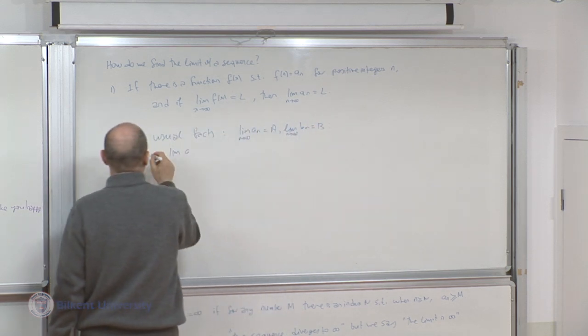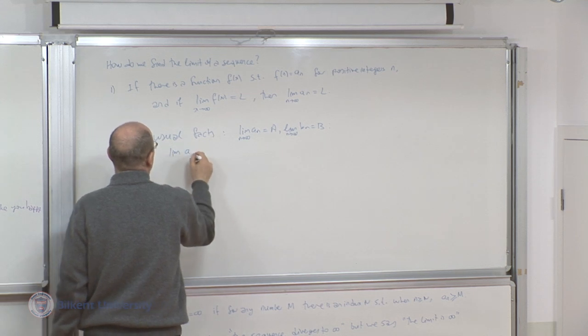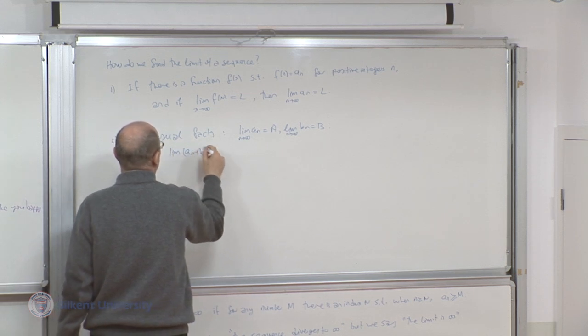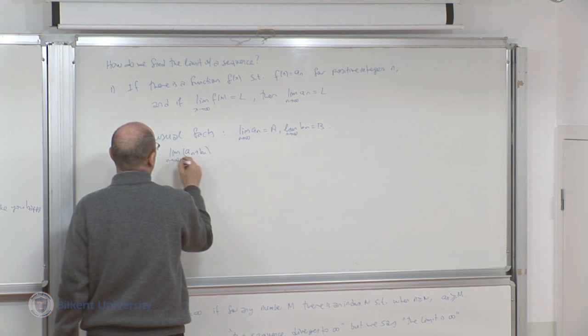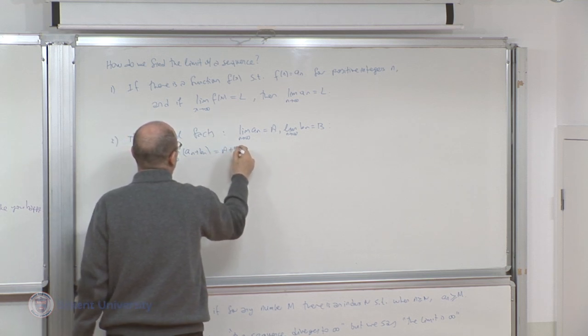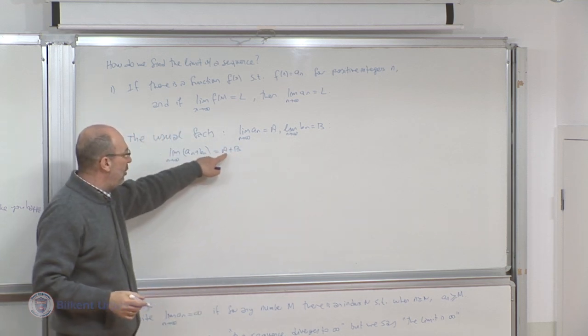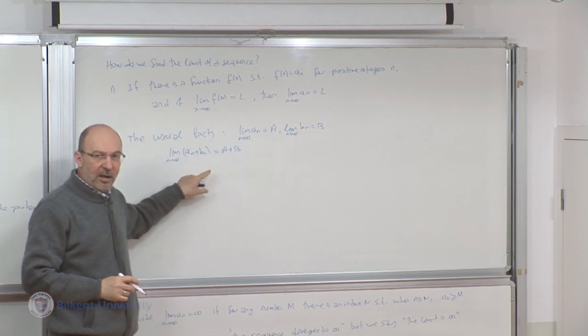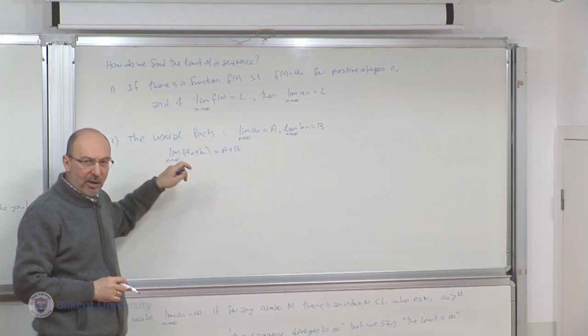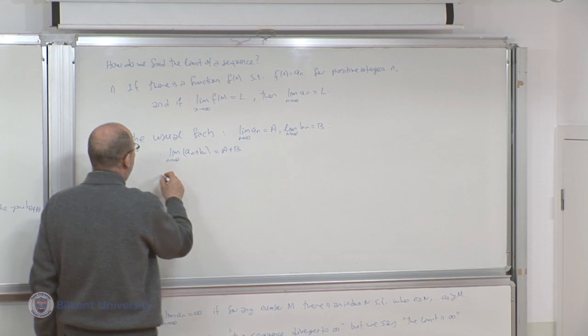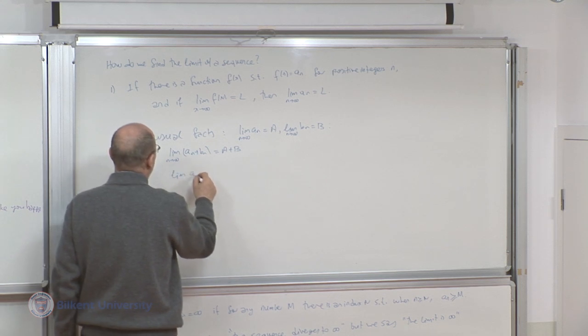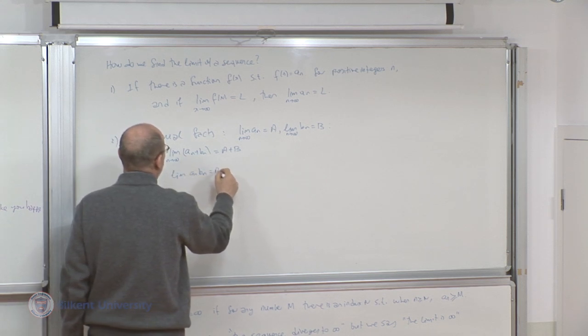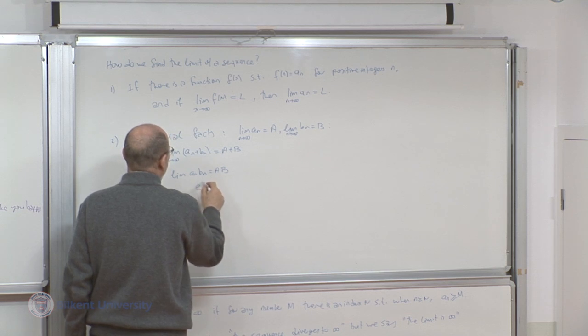Then the limit of a n plus b n as n goes to infinity is a plus b, the usual thing. Here you see that a and b cannot be infinite, otherwise these things will not make sense. And you have the limit of a n times b n is a times b, and so on.